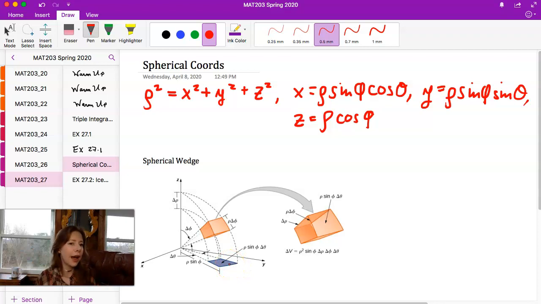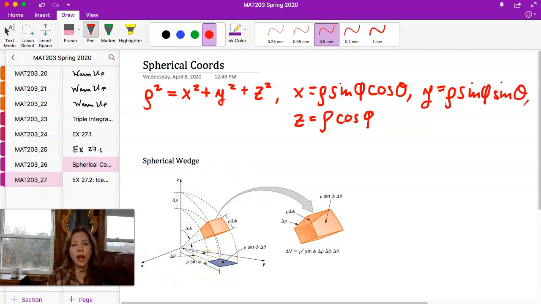So theta still acts as theta would normally act. Theta is measuring the angle from the x-axis, right? So when you're dealing with spherical coordinates, to get x, you're still taking cosine theta. To get y, you're still taking sine theta. And in spherical coordinates, when you're in the xy plane, that's when z is 0.